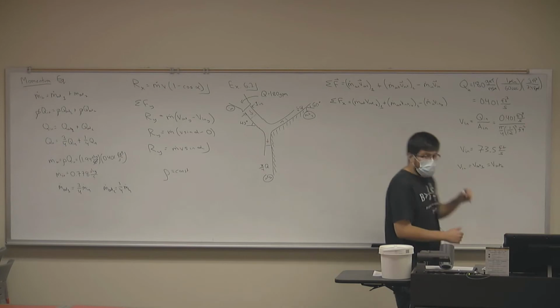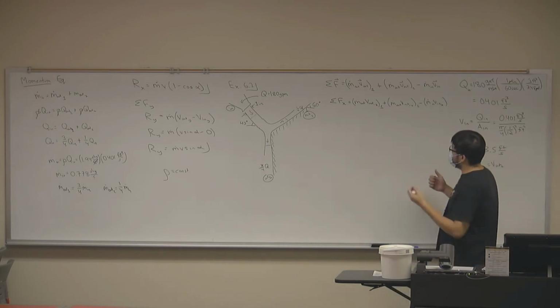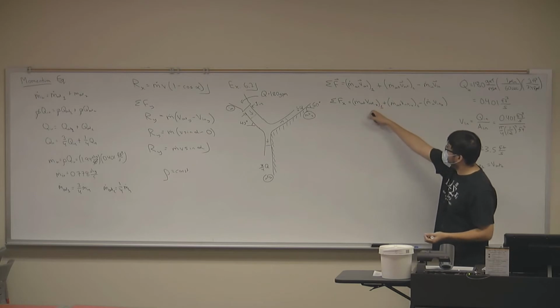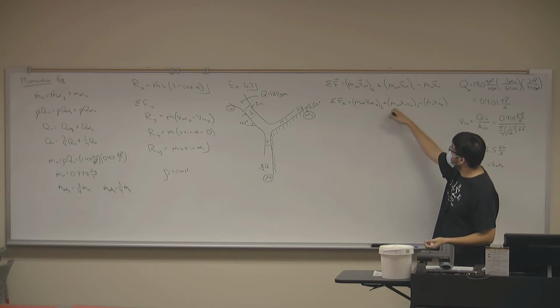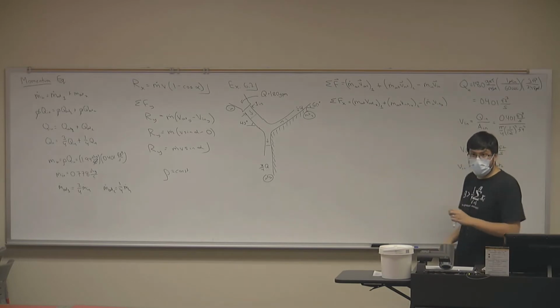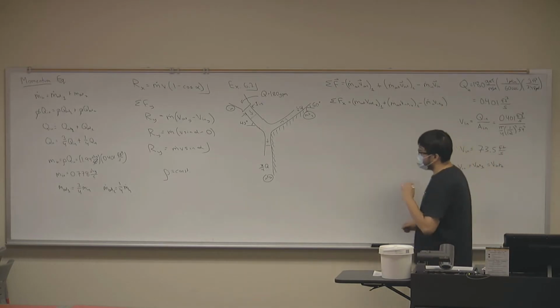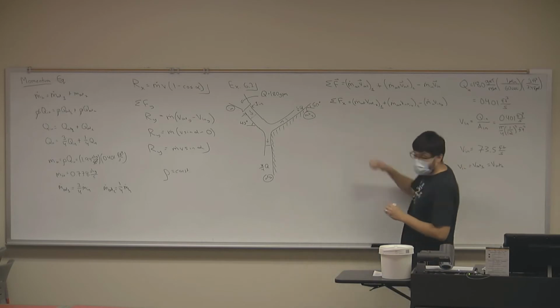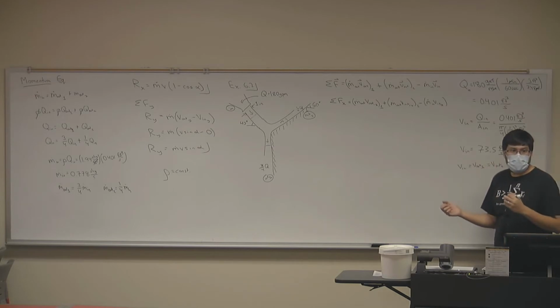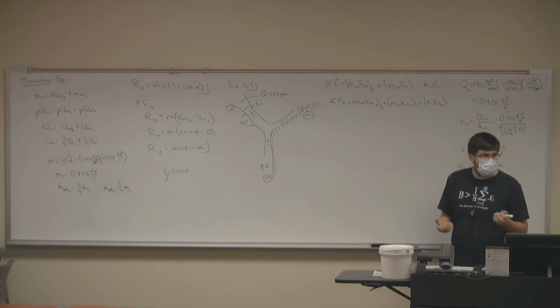Because now I look at my equation and I say sum of forces in the x direction equals mass flux out times V out for the first term in the x direction, mass flux out, V out for the second outlet in the x direction, mass flux in, V in the x direction. But because my mass fluxes leaving the system are actually functions of my mass flux entering the system, then I can factor out that term.